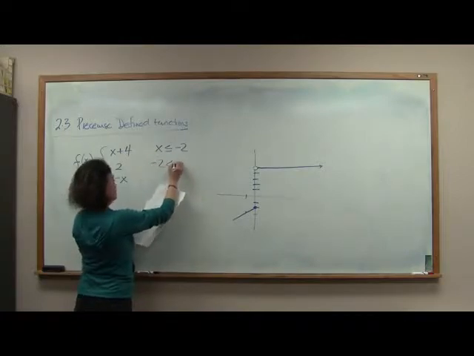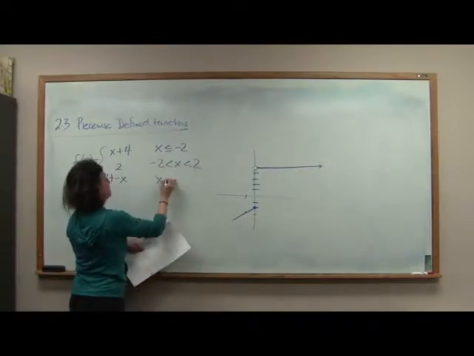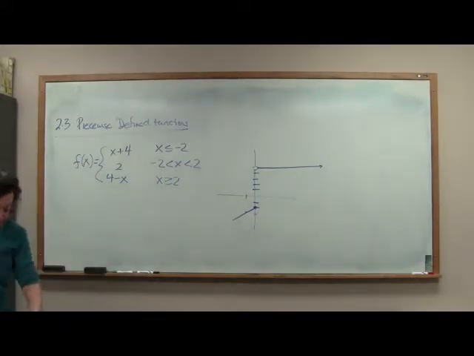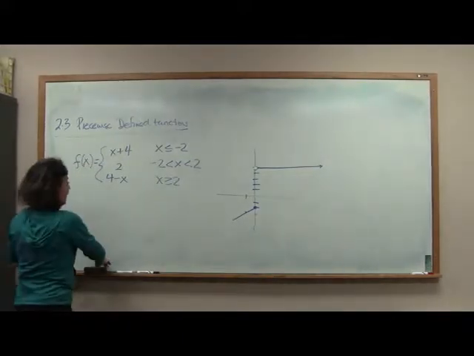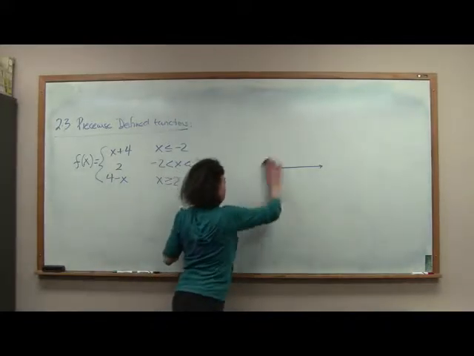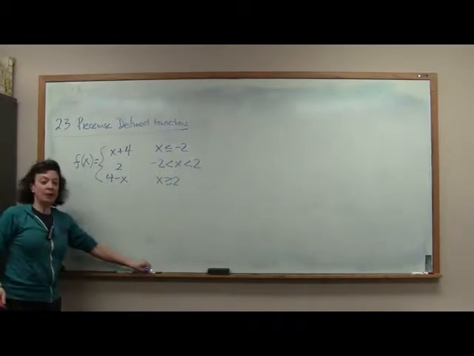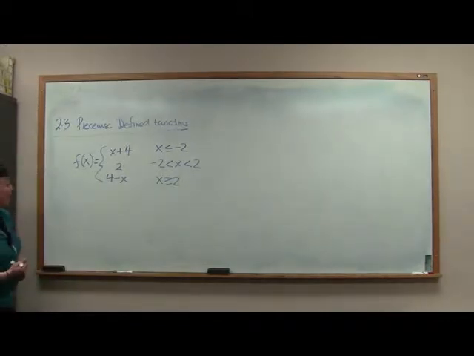Okay, -2 to x less than 2 and x greater than or equal to 2. Okay, now before we actually graph this function, let's play around with another type of question that can be asked.